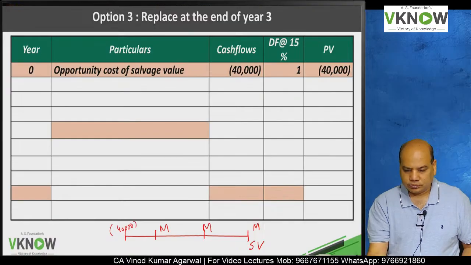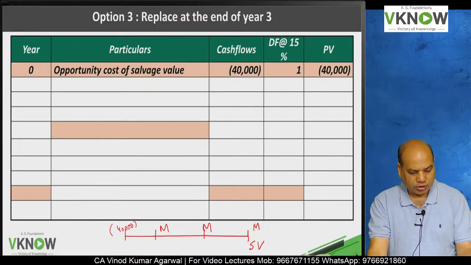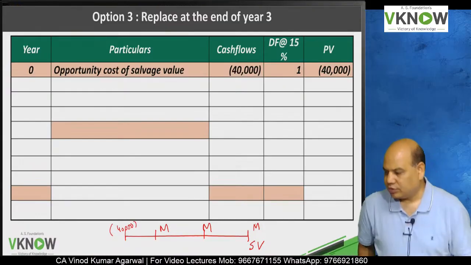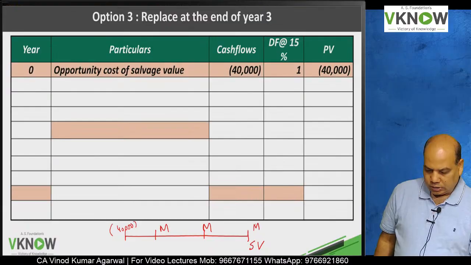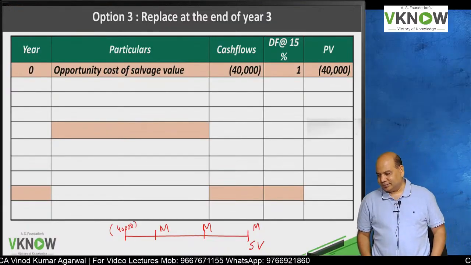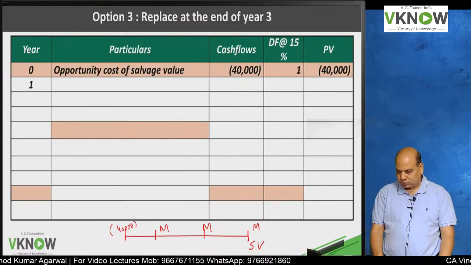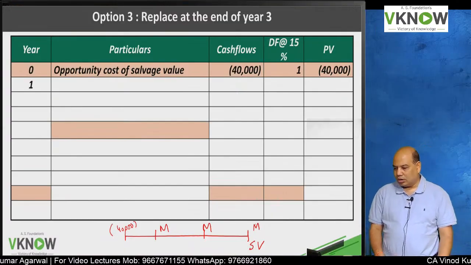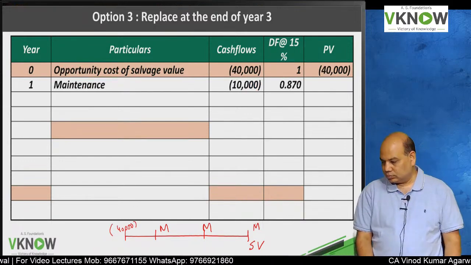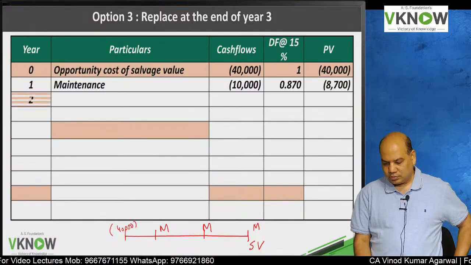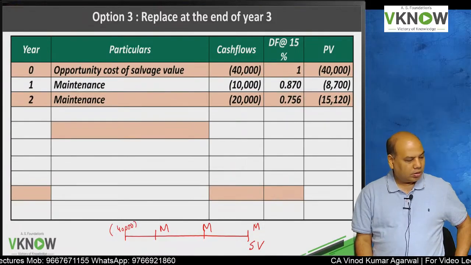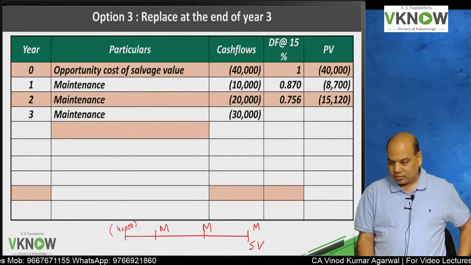Opportunity cost of salvage value 40,000, then write down maintenance 10,000, year 2 maintenance 20,000, year 3 maintenance 30,000.